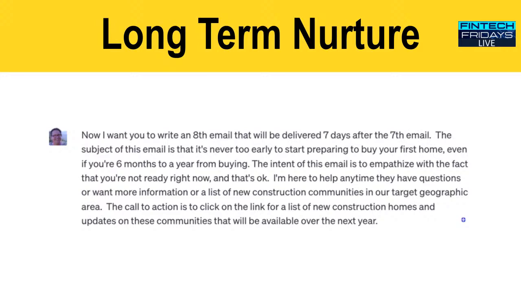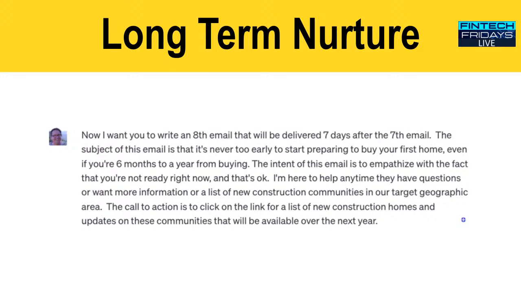So I asked it, I want you to write an 8th email that's going to be delivered 7 days after the 7th email. And the subject of this is, it's never too late to start prepping to buy your first home. Even if you're 6 months to a year from buying, the intent is for the emails to empathize with the fact that they're not ready now, but that's okay. I'm here to help anytime they have questions.